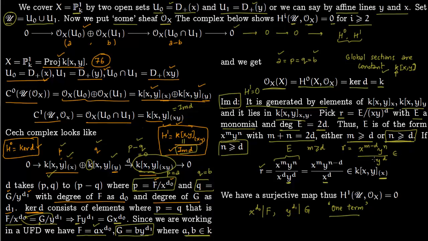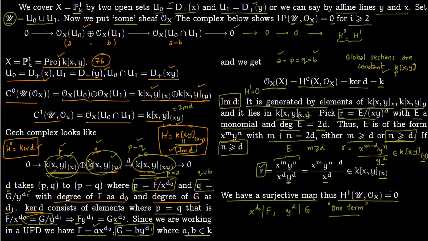And this obviously would come from k[x,y]. Now localize at y, so the denominator is y right here. So all your terms are coming from this. So the image of D basically generates this entire thing, because any r which lies in here comes either from this first term or from this second term. So we have a surjective map, and therefore h1 is 0.